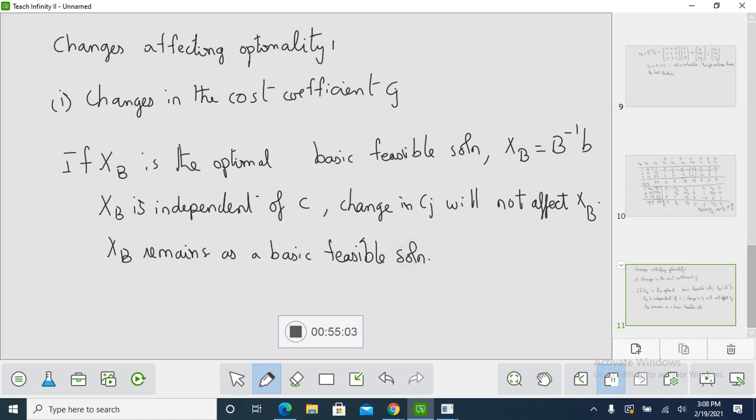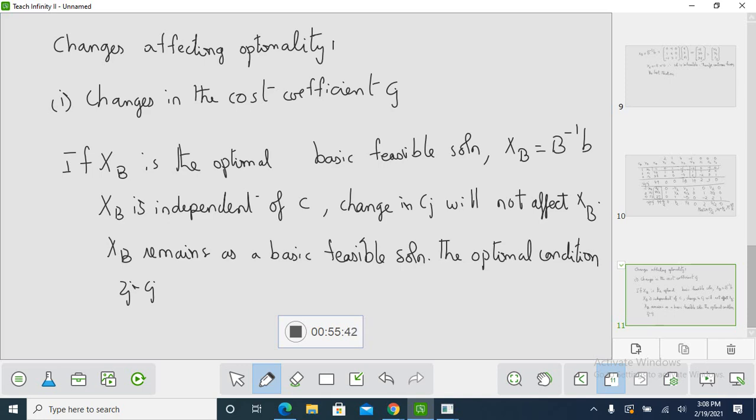So what about the optimal condition? How to check optimality? Your Zj minus Cj. When do you stop the simplex iteration and say it is optimal? That's all.